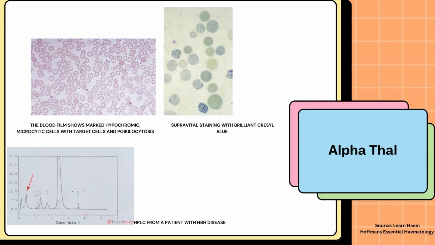The differential diagnosis for this blood film might be iron deficiency anemia, but the degree of anisopoikilocytosis is too severe for isolated iron deficiency. You might think of beta thalassemia intermedia, but these patients tend to have circulating nucleated red blood cells, which are absent in hemoglobin H disease, and the reticulocytosis in hemoglobin H is more prominent.